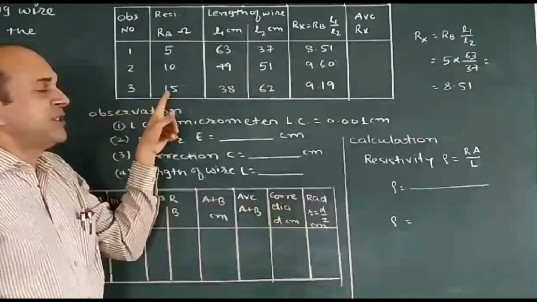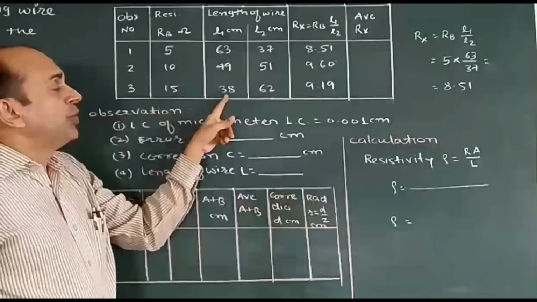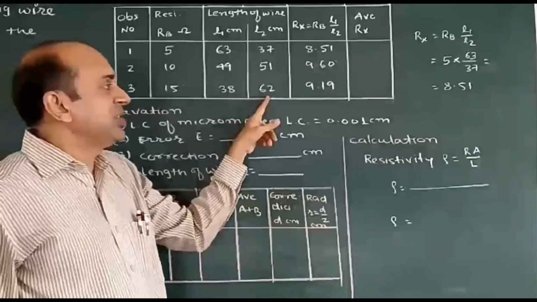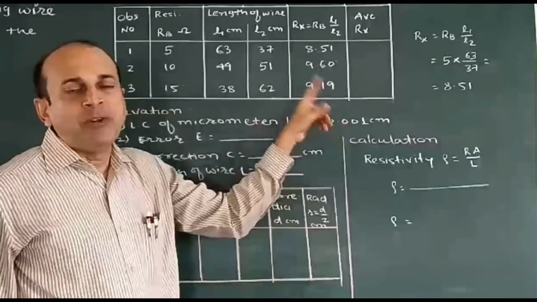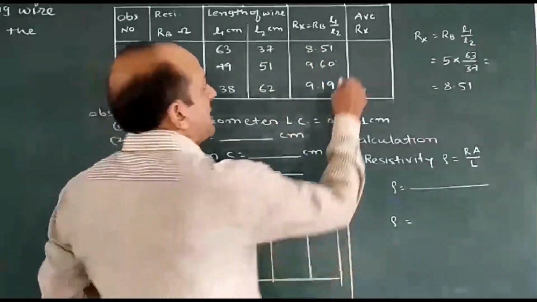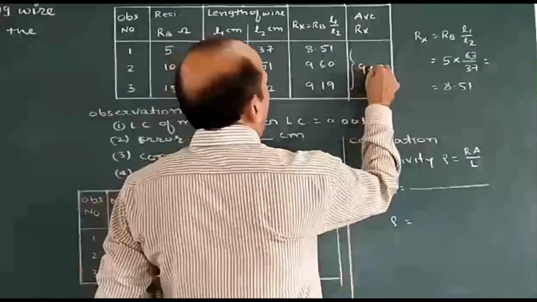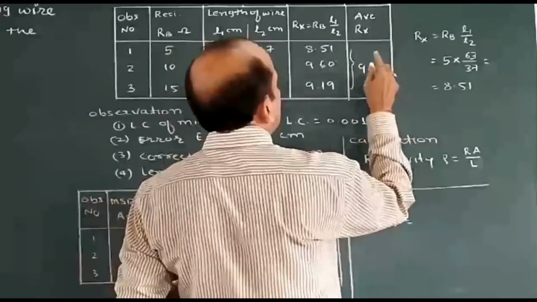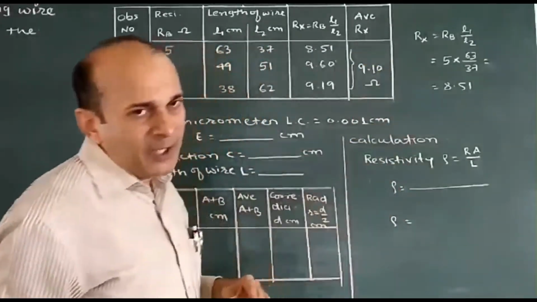The third calculation is 15 into 38 dividing by 62, it is 9.19. Now the average of these three values is equal to 9.10 ohm, the resistance of the given conducting wire.